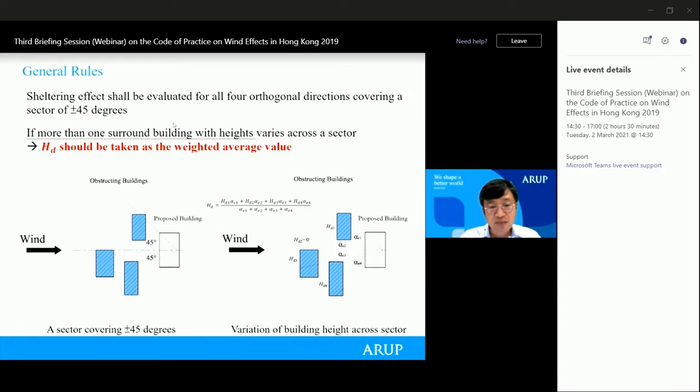For each division, we can calculate the displacement height HDi. Then they need to be weighted averaged by the angular length which they cover. So the finally obtained displacement height value for this 90 degrees is a weighted average value across the whole 90 degrees.